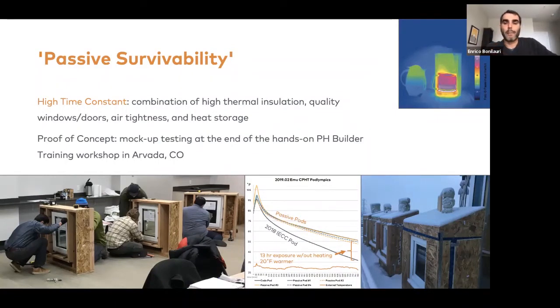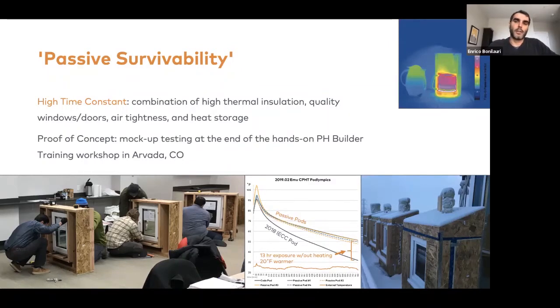What is interesting is that we also have a baseline pod that is built according to the 2018 IECC code. Time and again, we see how the code pod gets colder much quicker. In the graph in the center of the slide, after 13 hours of being exposed to the outside, it was a good 20 degrees colder than the average of the passive pod.